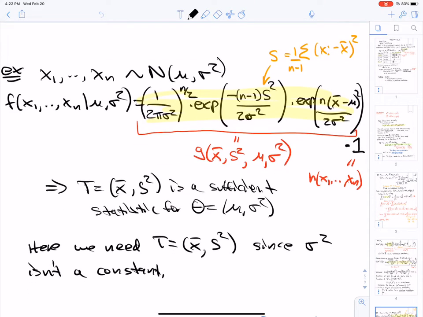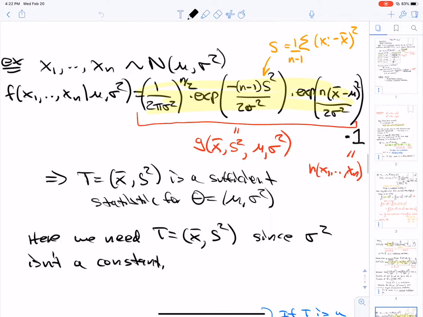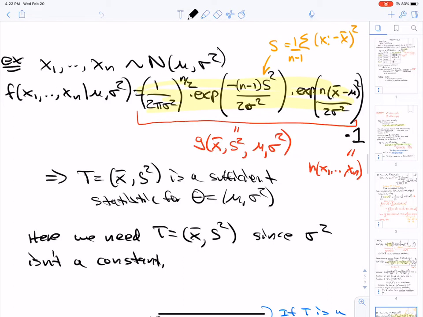So here I've written the density. Let's say that sigma squared isn't a constant. So here I've written the density so that our g now is a function of x bar, s squared, and our two parameters mu and sigma squared, and so we can see that x bar and s squared is a sufficient statistic.